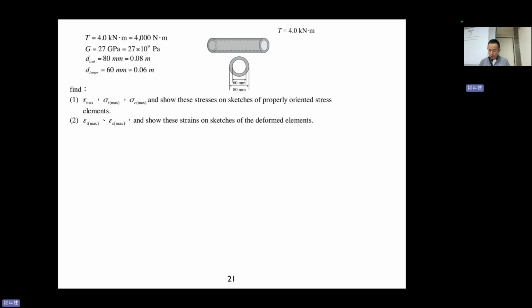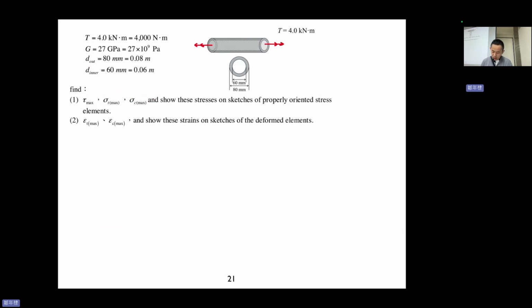This is a tube. And this is the problem, it looks like. So T equals 4 kN, G is a material property, D out, D in. Okay, no problem. And you need to find tau max, sigma T max, sigma C max. What does that mean?